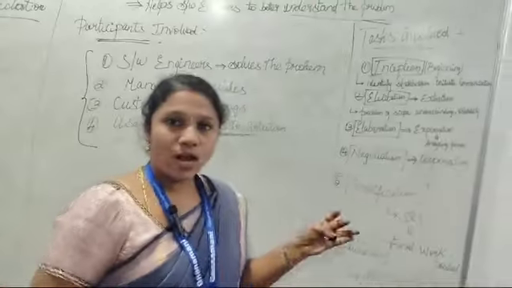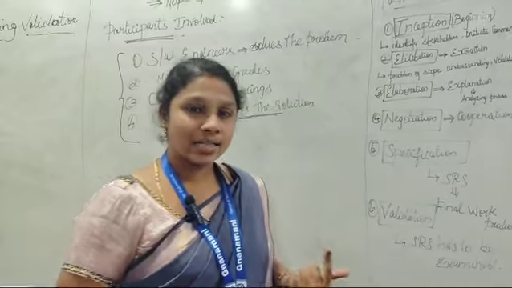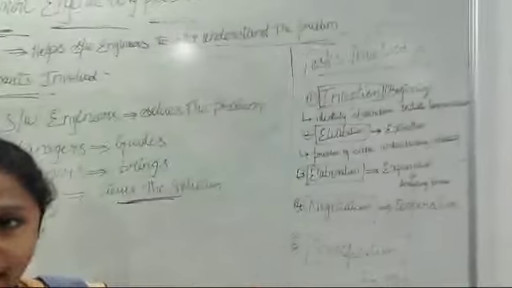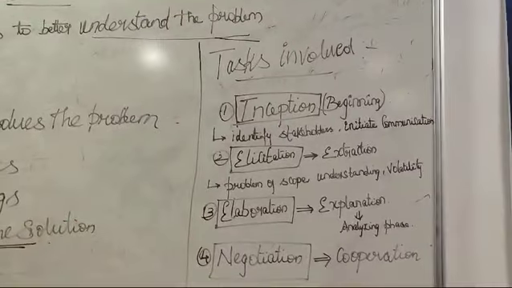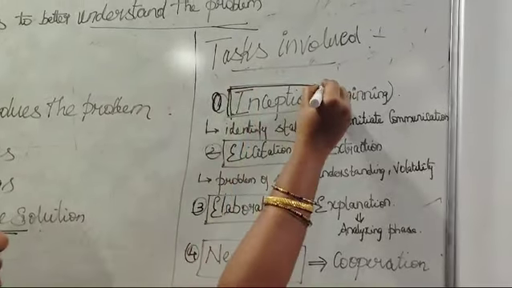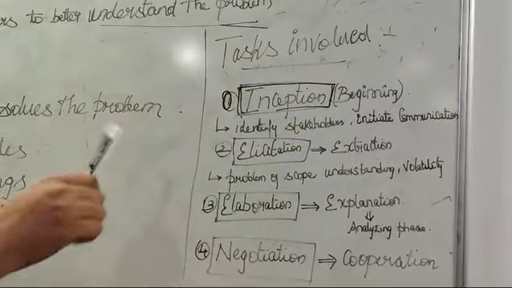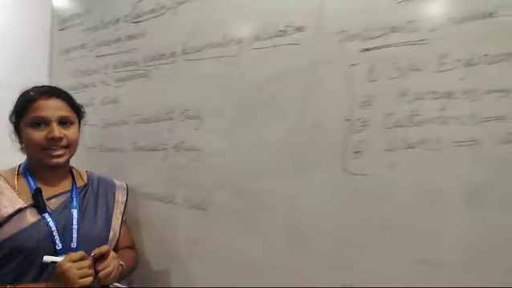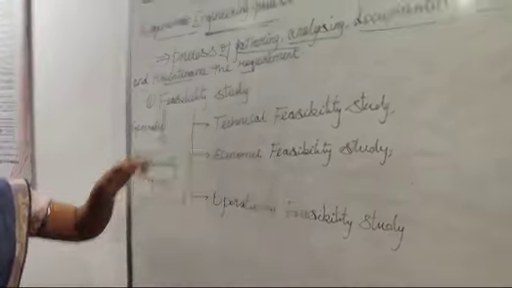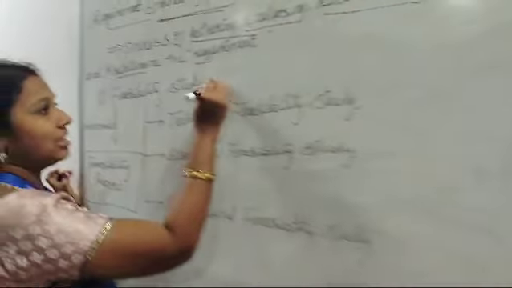Now we are going to see the tasks involved in the requirement engineering process. There are 6 tasks involved. Before going to the tasks, we will see the feasibility study in the requirement engineering process. The feasibility study generates the feasibility report.